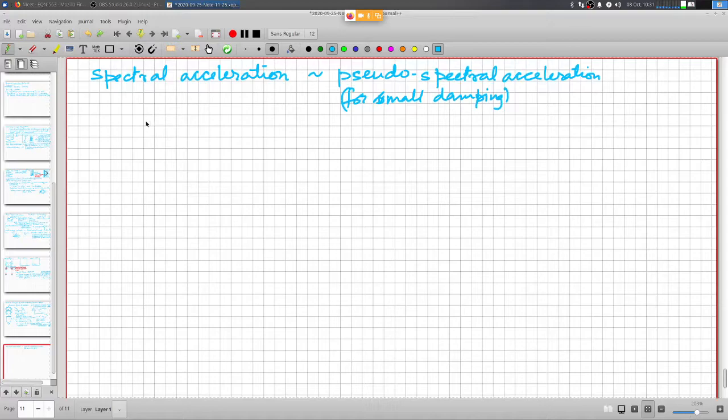So here you have u t max over t equals omega n squared times u max over t, right? So what does that mean?